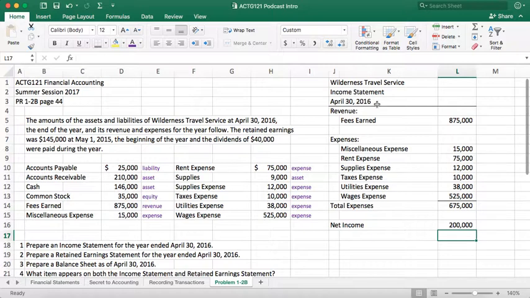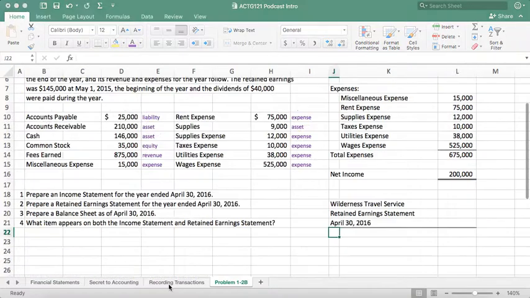We have a heading with the date, the last day of the year, revenue, all our expenses, and then revenue less expenses is net income. So with that, I'm going to pause. Okay, now I'm back. That probably didn't seem like a pause for you.